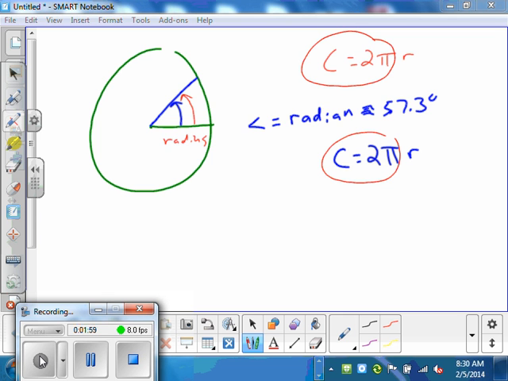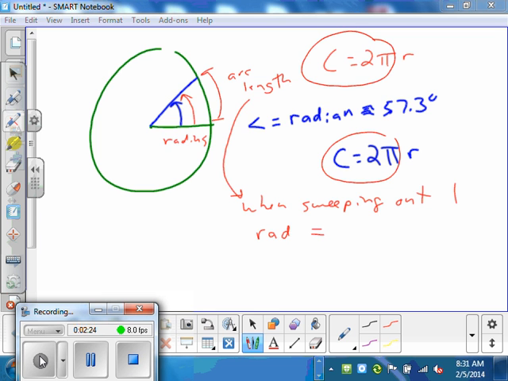we can say that an arc length, so this would be called arc length, if you made this into a straight line, when sweeping out 1 rad, equals 1 radius in measurement, or in meters.